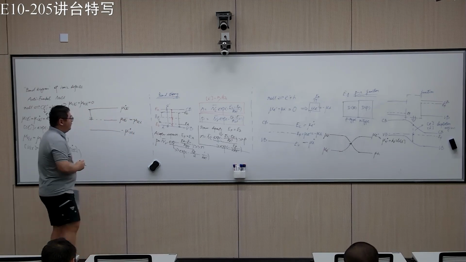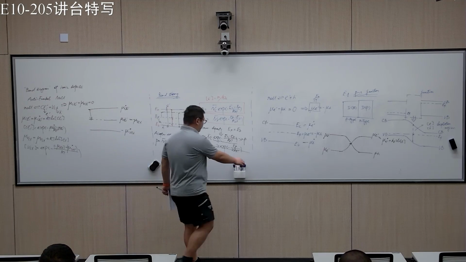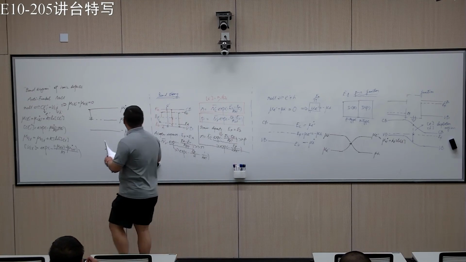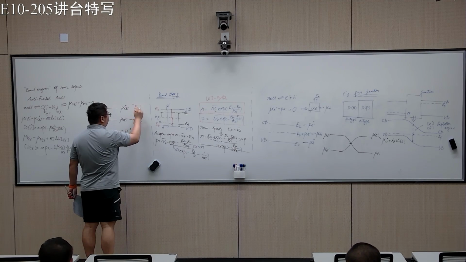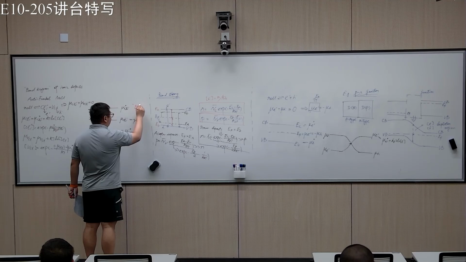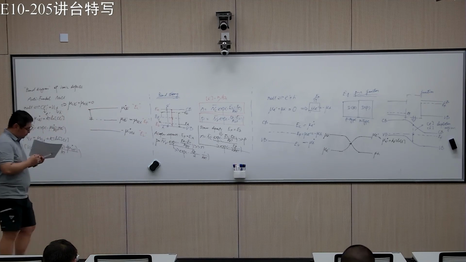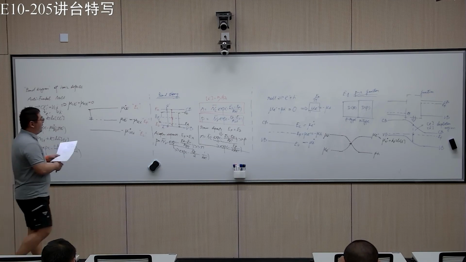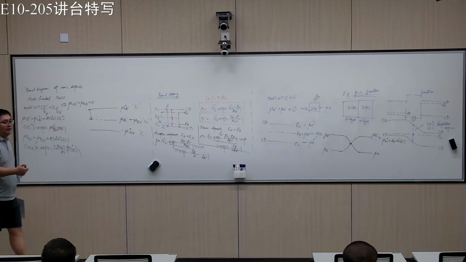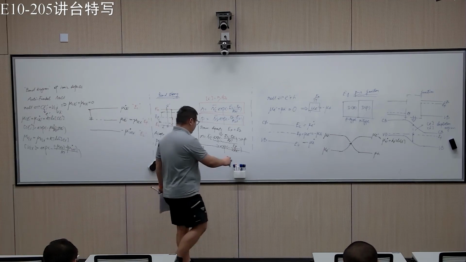So this is equivalent to the EC, this is equivalent to EV, and this is equivalent to EF. This gives you another perspective to look at the ionic defects from the bands or the energy levels.